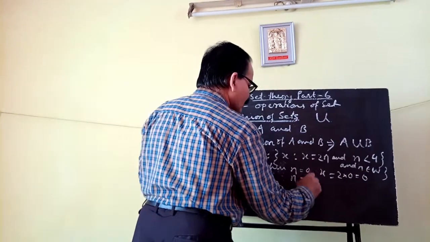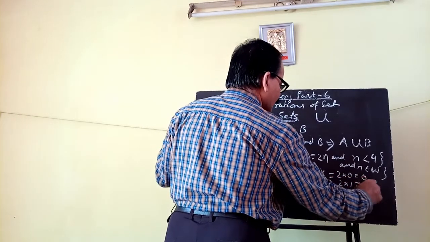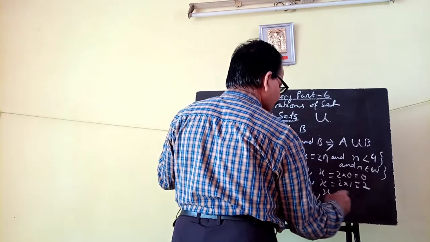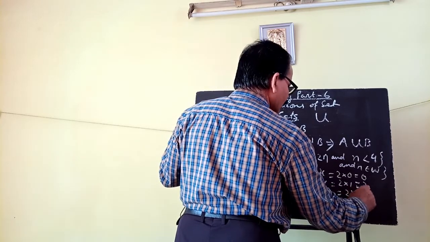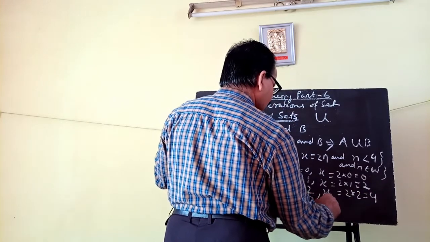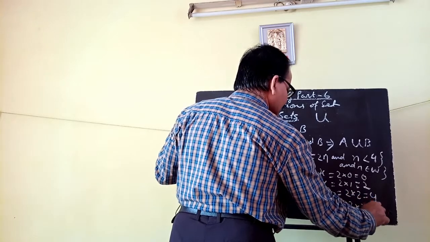When n equals 1, x equals 2 into 1 equal to 2. When n equals 2, x equals 2 into 2 equal to 4. When n equals 3, x equals 2 into 3 equal to 6.